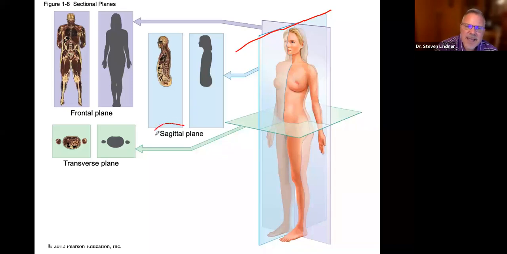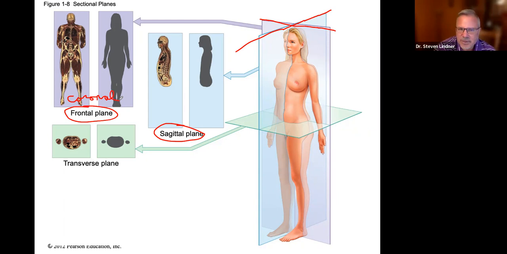And what does that is the sagittal plane. Then we have another plane that runs across in this direction that will separate the body into a front half and a back half. That's called the frontal plane, also known as a coronal plane.